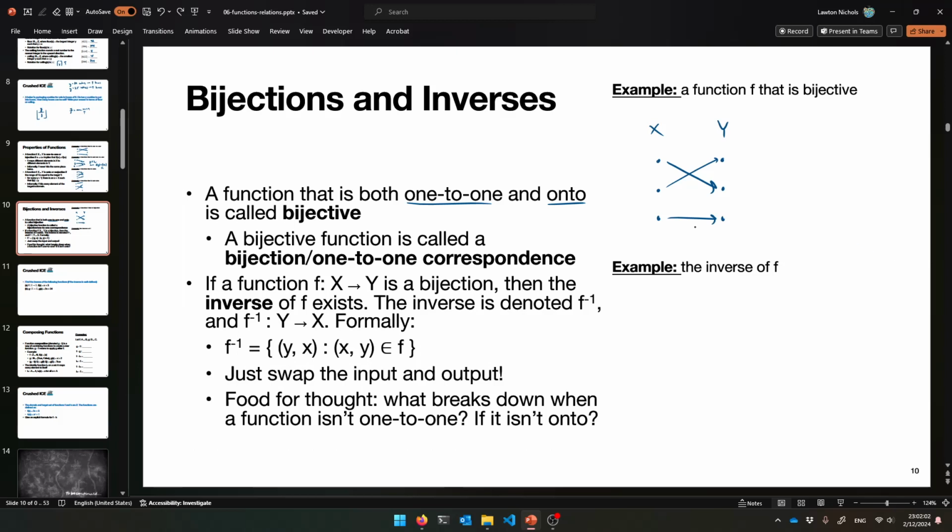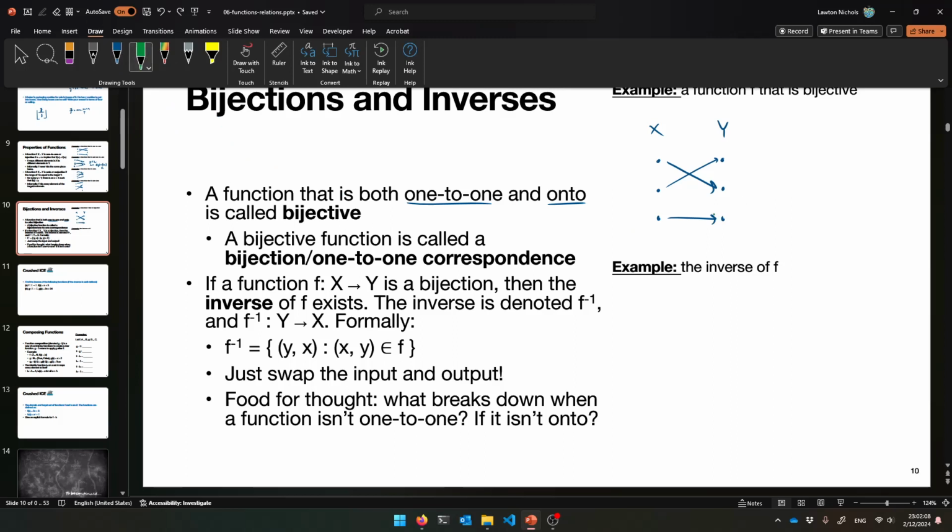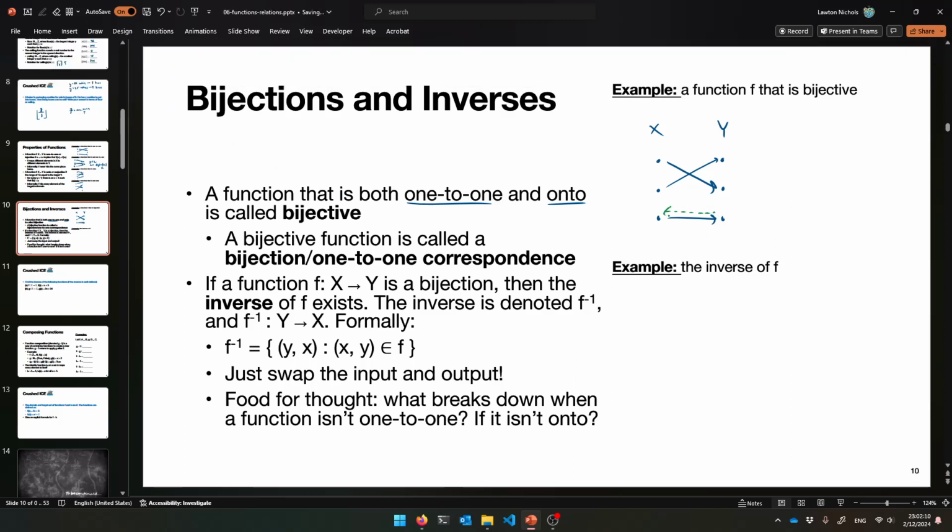Because here's what you can do now. You see that you could go backwards. And it's unique. You can always go from this guy, you can just rewire this. You can always go backwards to the x that took you to that y. You see that? That's what you get when you are bijective. There's always a way to go backwards and undo yourself, to invert. And so, just to spell it out, this is the inverse.